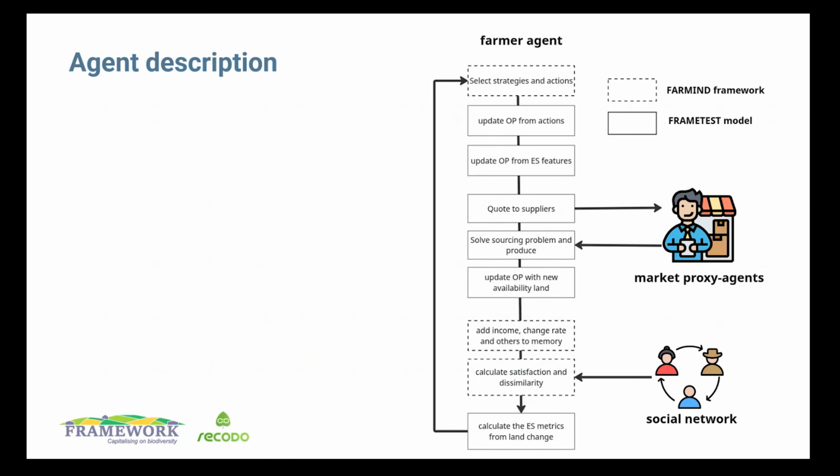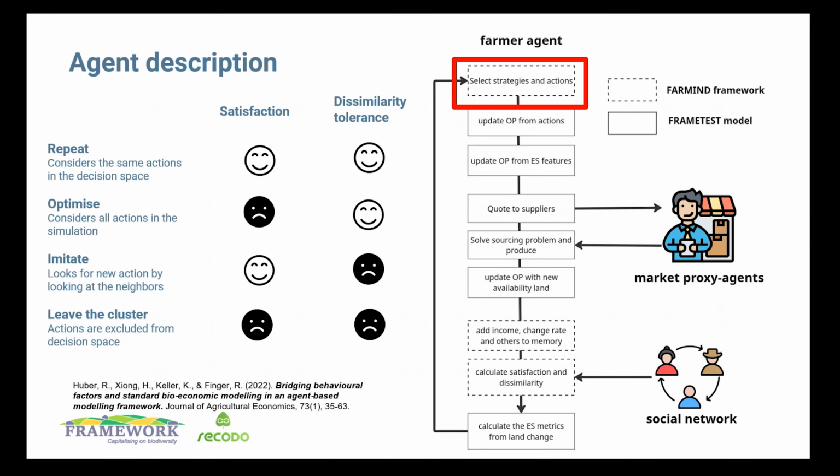Every farmer starts by selecting the strategy. Next one, please. So they select the strategy they want to take that year, which determines how these actions are going to enter the farmer decision space. So this is a more cognitive process. And to have a computational representation of this cognitive process, we use a framework called FarmMind.